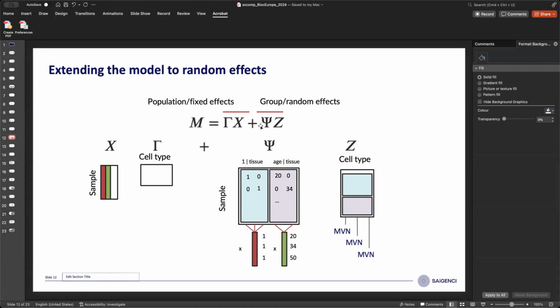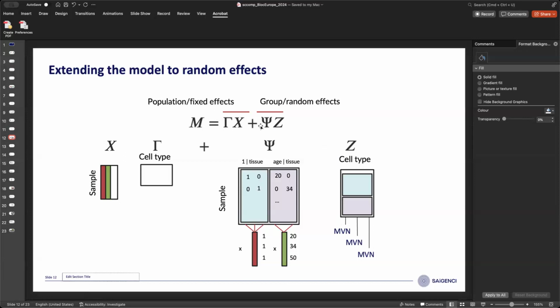And again, your effect matrix is shaped in the same way as the previous one, with the detail that for each of the groupings, you have to have a prior that is a multivariate normal to model the correlation between the effects of the grouping. Yeah, this is the only complication probably.